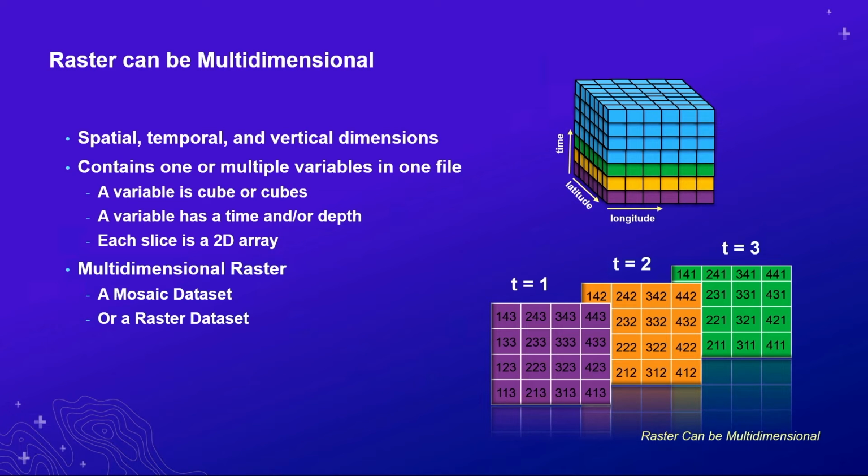A variable is basically a cube or cubes. A variable can have a time or a depth dimension, and each slice of a cube is basically a 2D array, a 2D raster. And a multidimensional raster can actually come from a mosaic dataset or a single raster dataset.